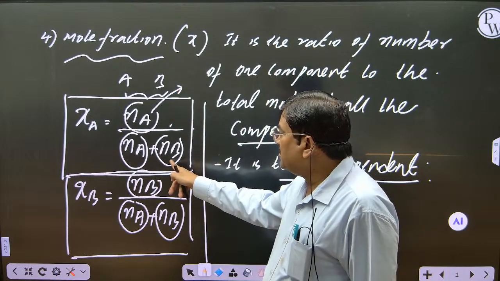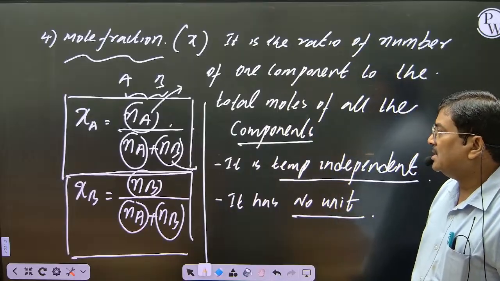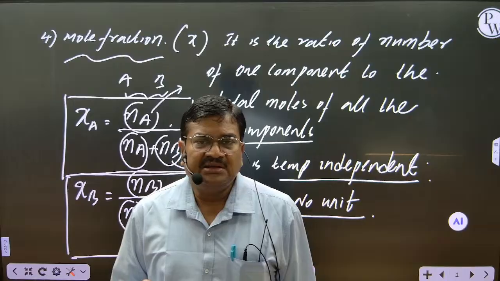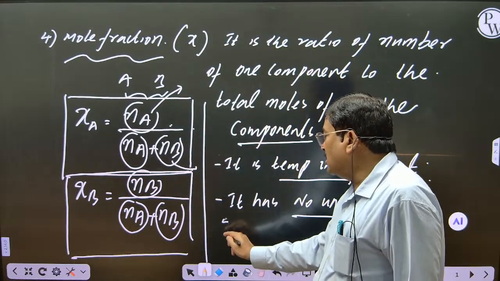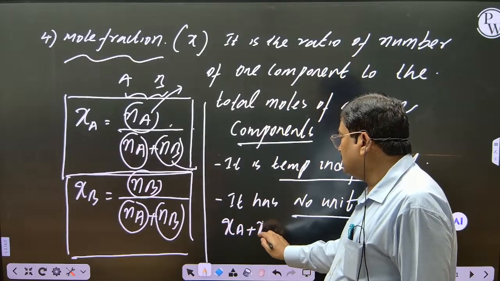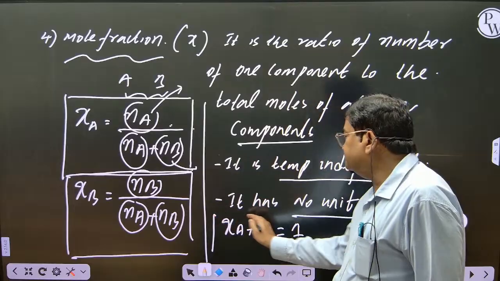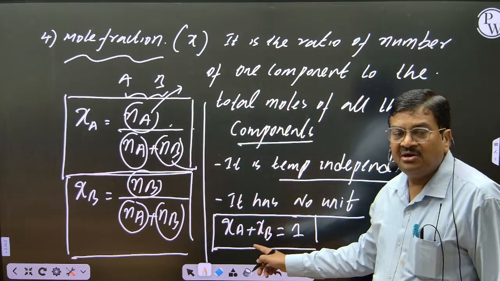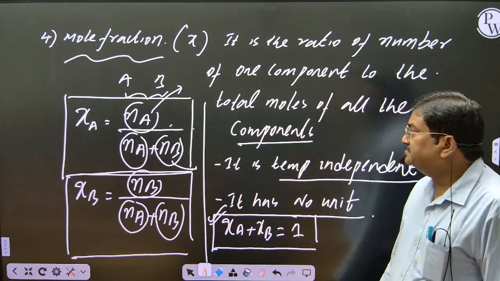What is Nb, number of moles of B. Mention the terms. And see one more important thing: this chi A plus chi B, that is mole fraction of A plus mole fraction of B, will always be unity. The sum of mole fraction of both components should be equal to what? 1. Mole fraction of A component plus mole fraction of B component will be equal to 1. Copy this.